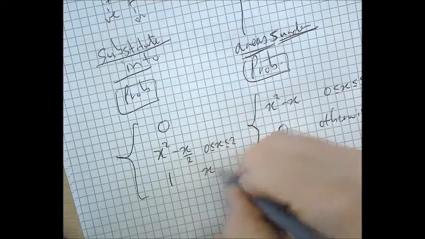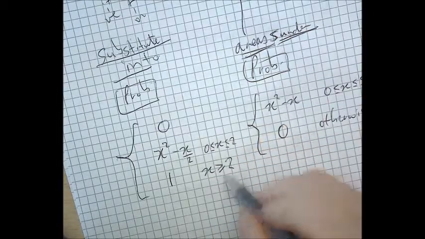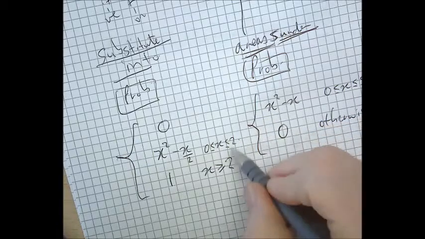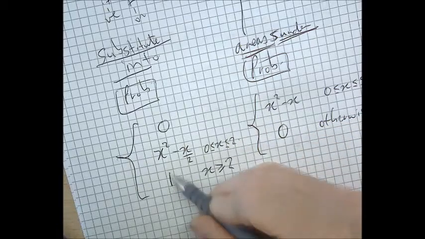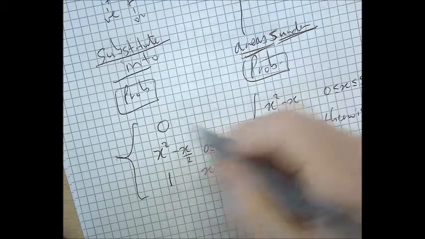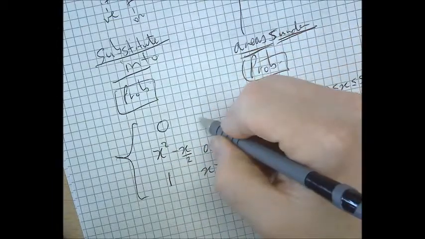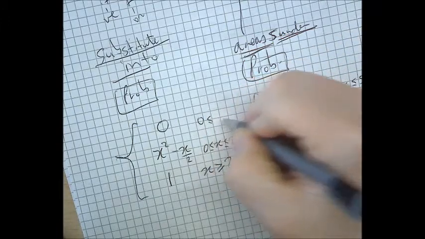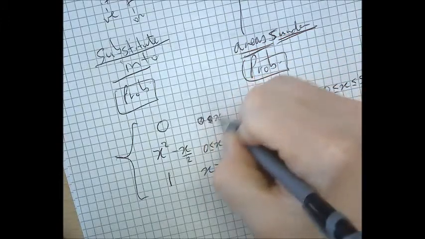So the algebra applies between 0 and 2. When the algebra kicks out at 2, the number 1 kicks in, and before the algebra kicks in at 0, the value of the function is 0, so if x is less than 0.